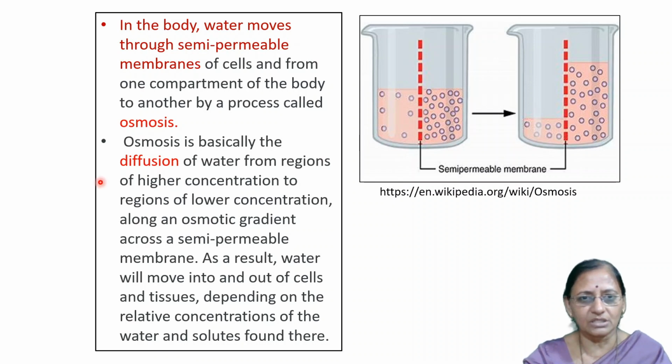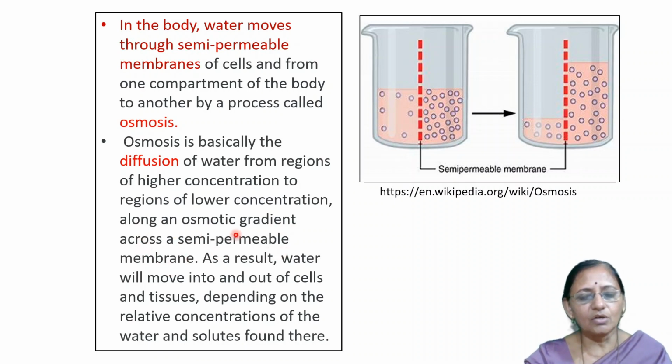Osmosis is basically the diffusion of water from the region of high concentration to the region of low concentration, along an osmotic gradient across a semi-permeable membrane.